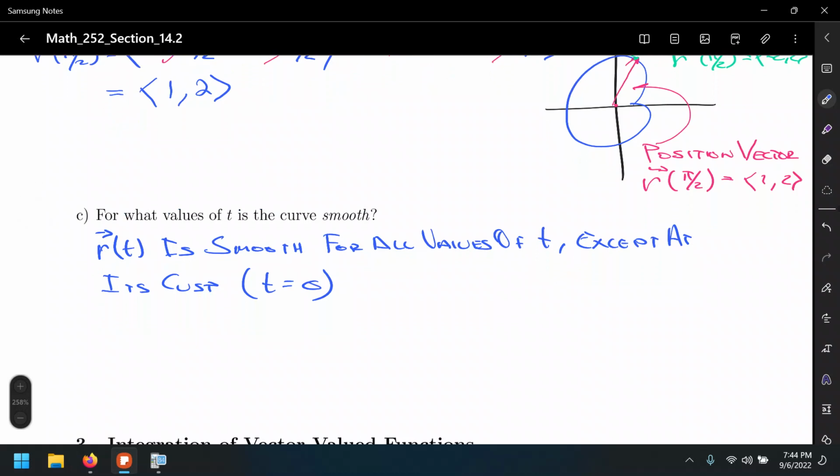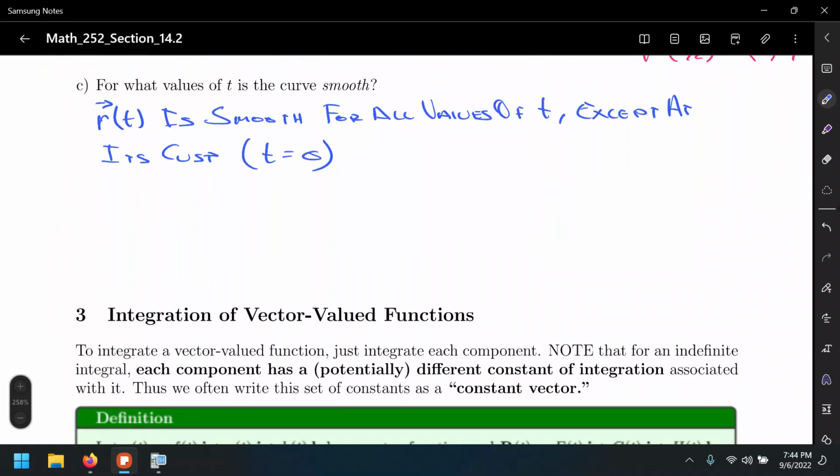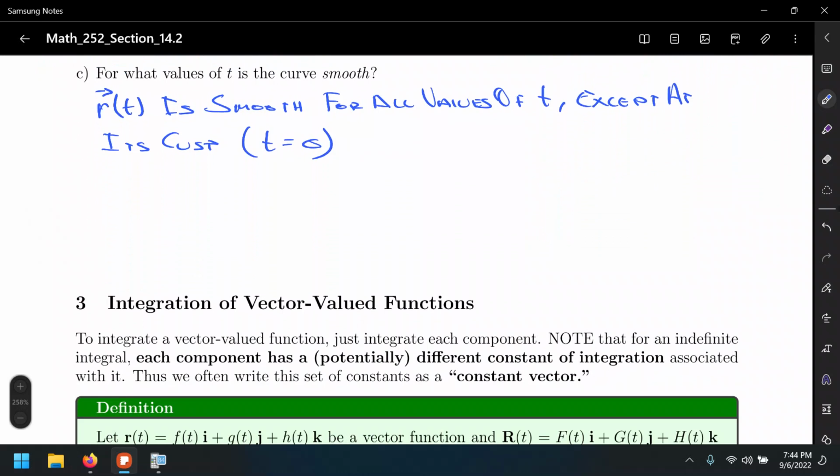Right now we're not going to focus too much on smoothness of curves, but we're going to do this later when we go more in depth into this type of function.